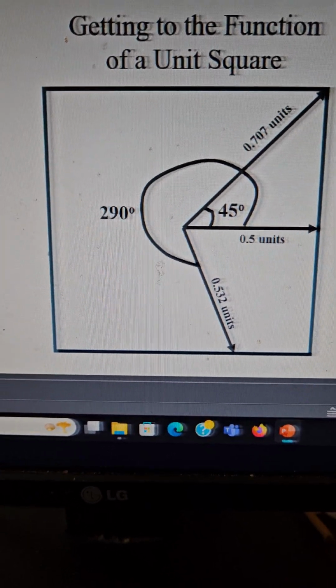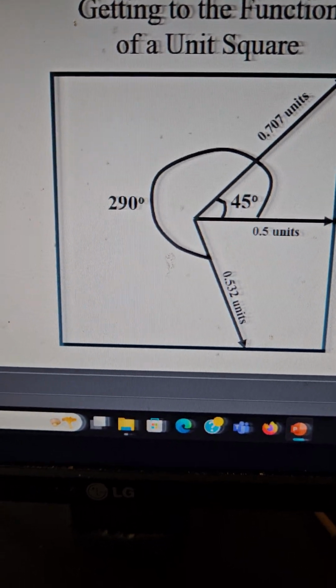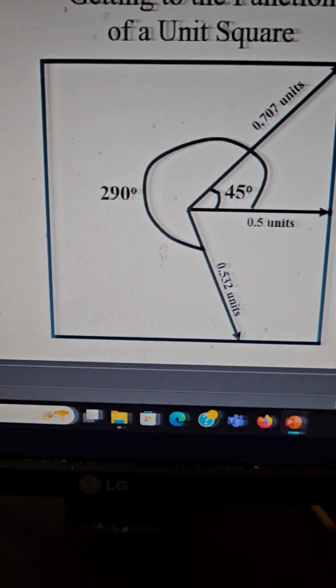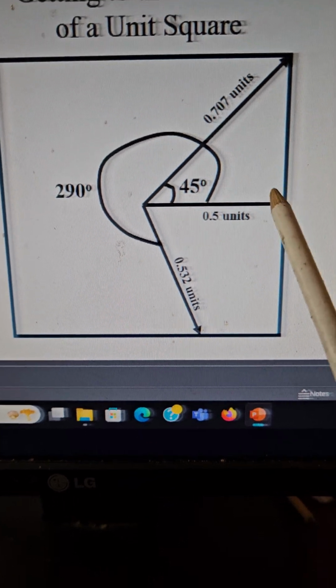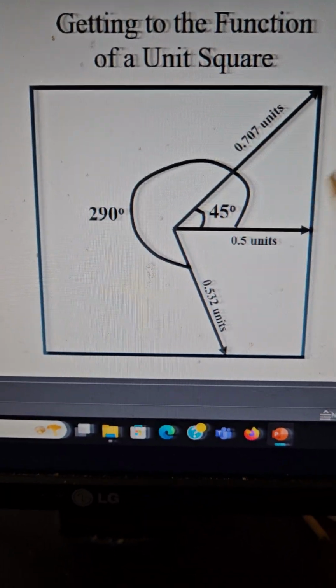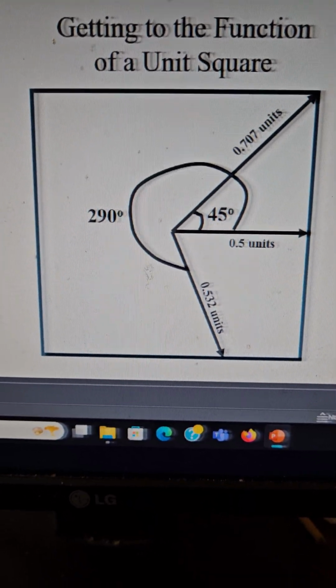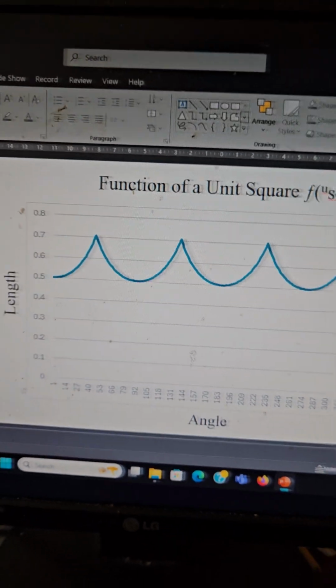You calculate them like they calculated sin originally, like they calculated logarithms originally. So you go 1 degree, it will be this length, and so on. Don't do it manually. You use a spreadsheet, and this is the function we get.